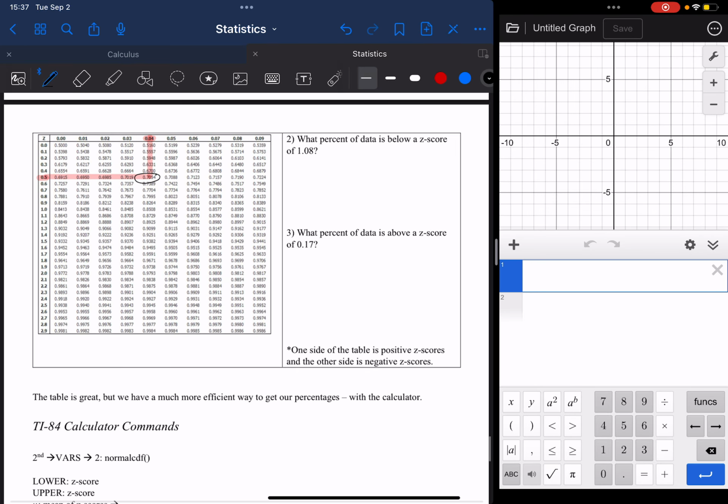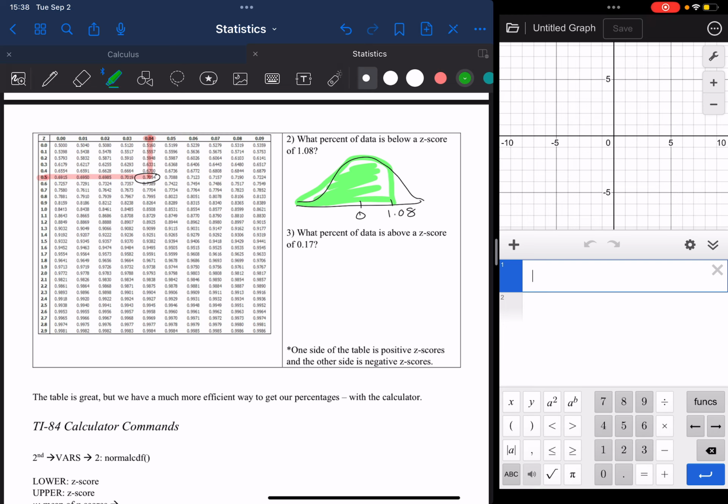Okay, so example 2 says what percent of data is below a z-score of 1.08? Well, here's my normal distribution. Here is 0. I know 1.08 is going to be on the right side, and everything below it is going to be to the left. So this entire part here.